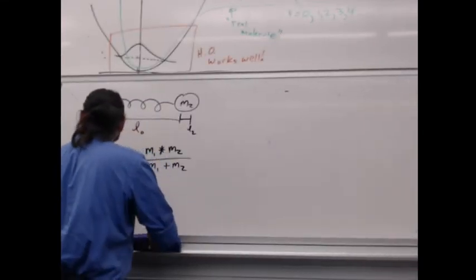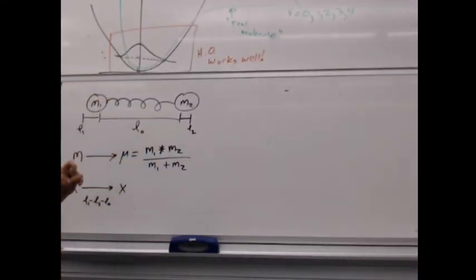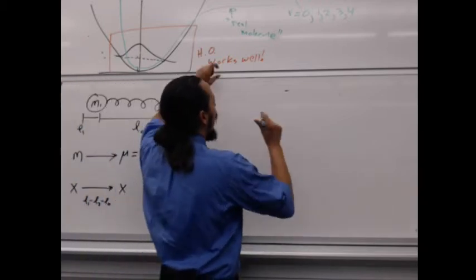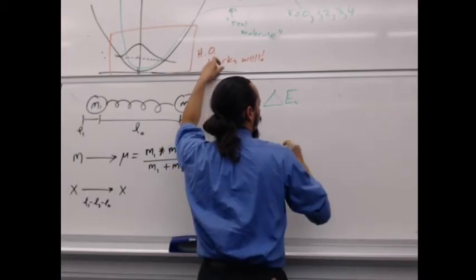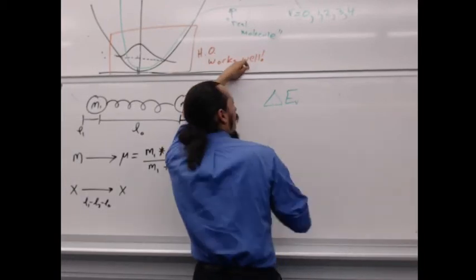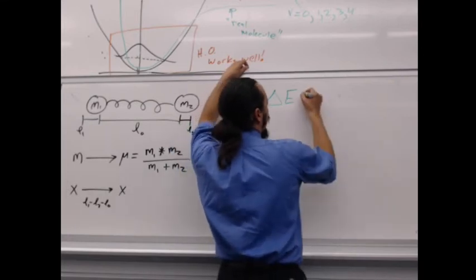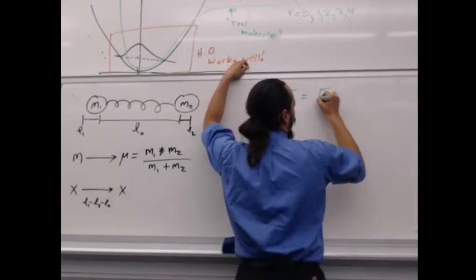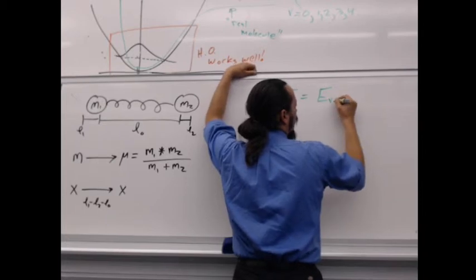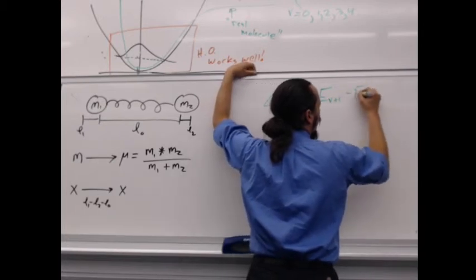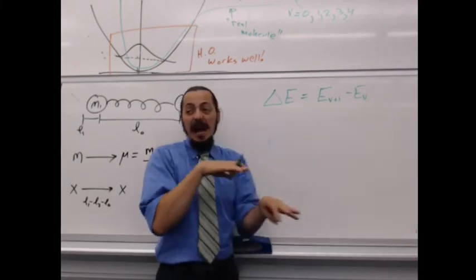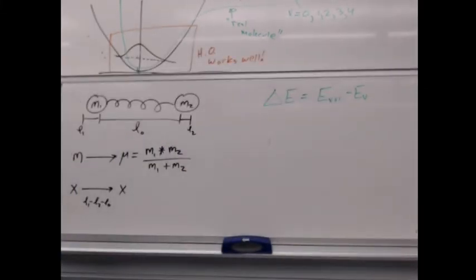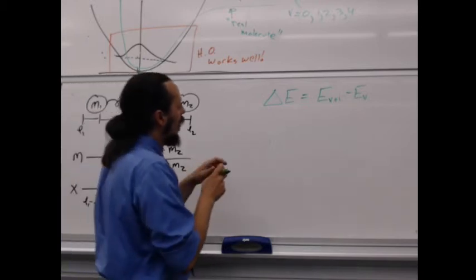So if we look at this system, if I looked at a change in the energy values, I would be looking at something like E_(V+1) minus E_V. So I'm looking at the higher minus the lower. I'm just looking at the difference between the two nearest values.